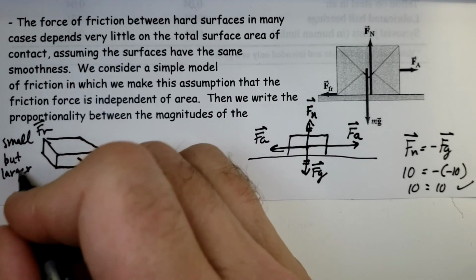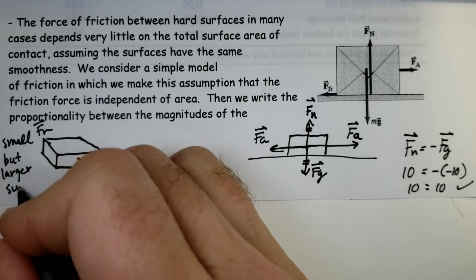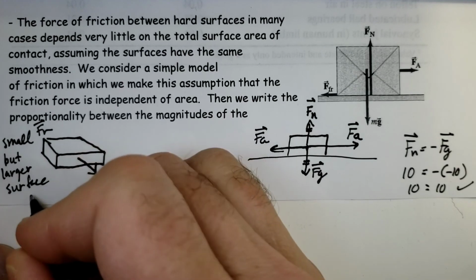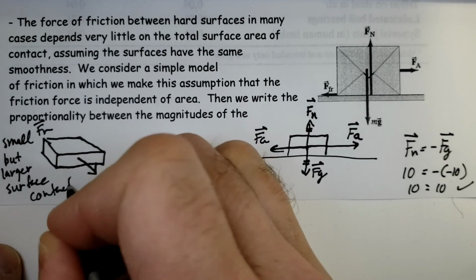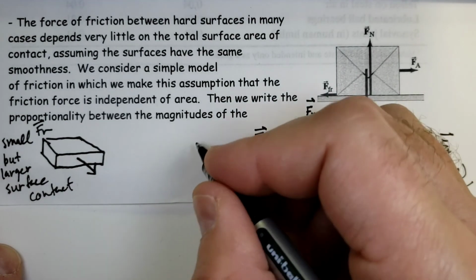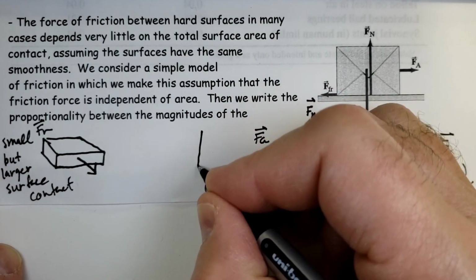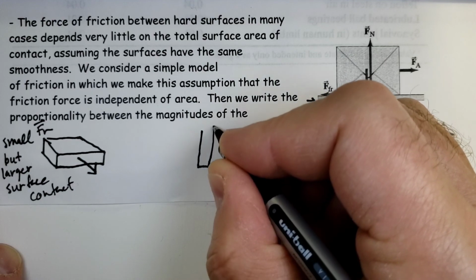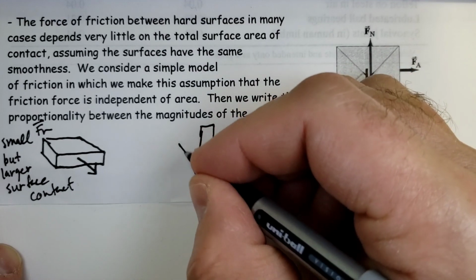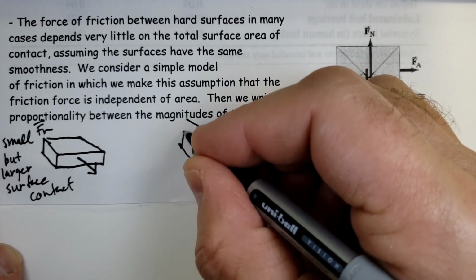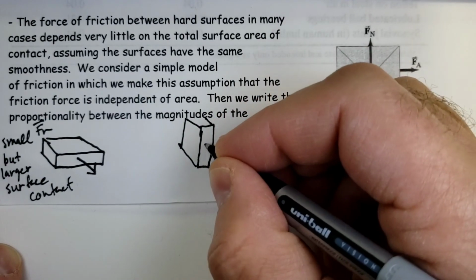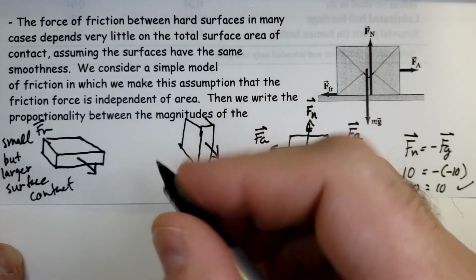but a larger surface contact. Versus if I take that block and orient it like this, flip it up on its side, and pull it out of the page too.